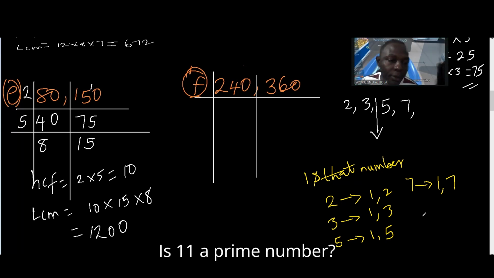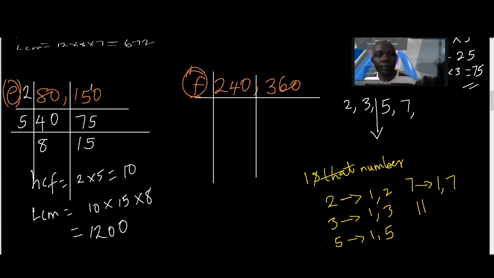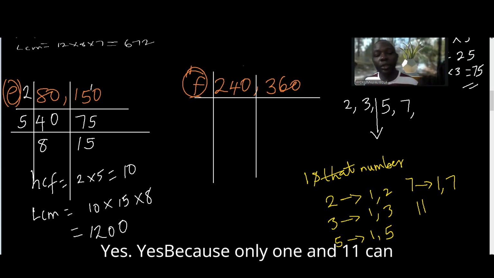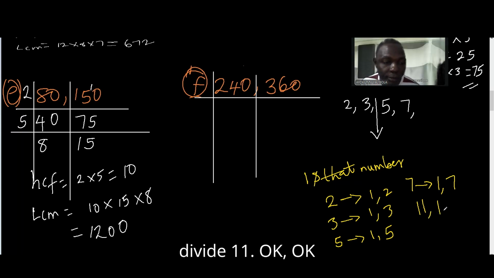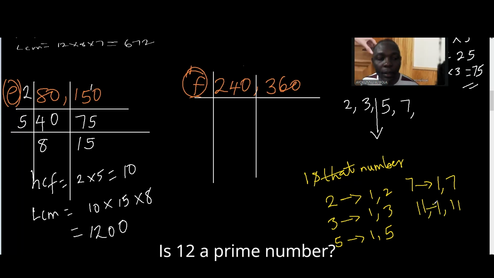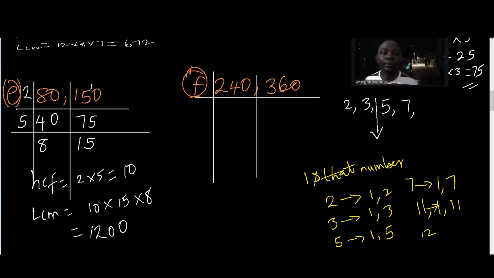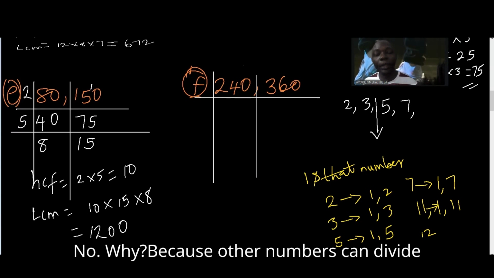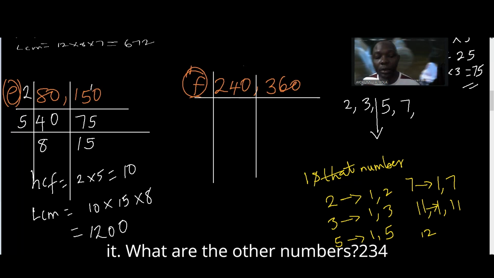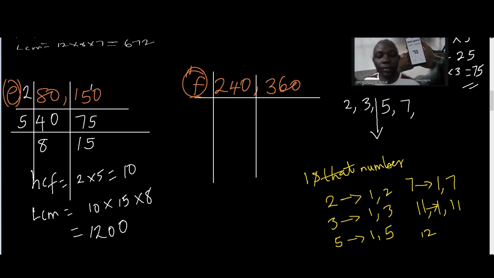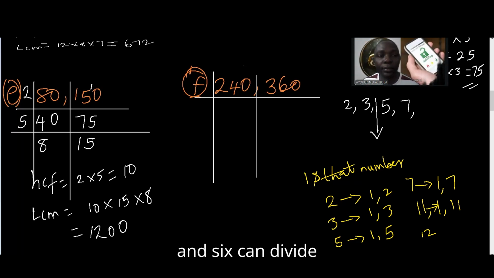Is 11 a prime number? Yes, because only 1 and 11 can divide 11. Okay. Is 12 a prime number? No. Why? Because other numbers can divide it. What are the other numbers? 2, 3, 4, and 6 can divide 12.